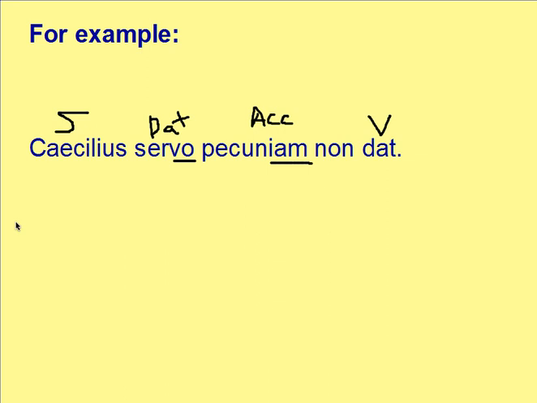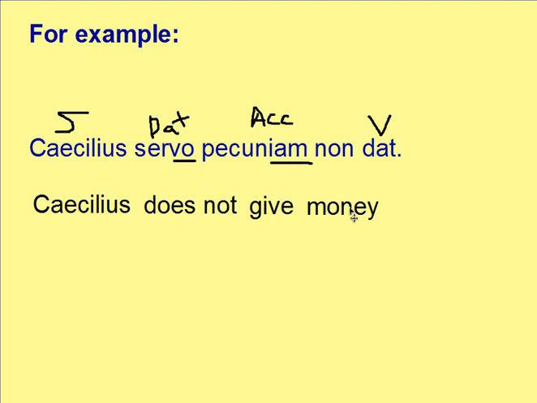So when I go to translate, I'll start with my subject, Caecilius, and then non dat, does not give. Now I want my direct object. What doesn't Caecilius give? Caecilius does not give money. Servo, to the slave.